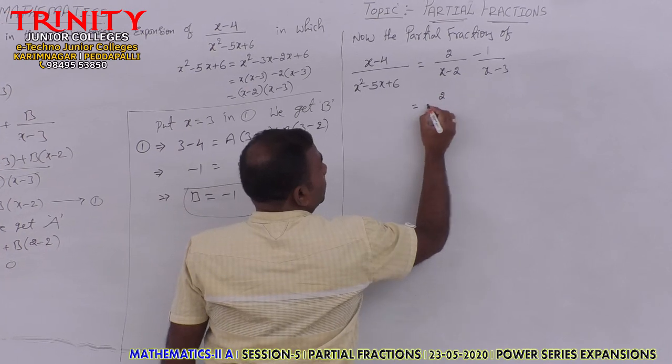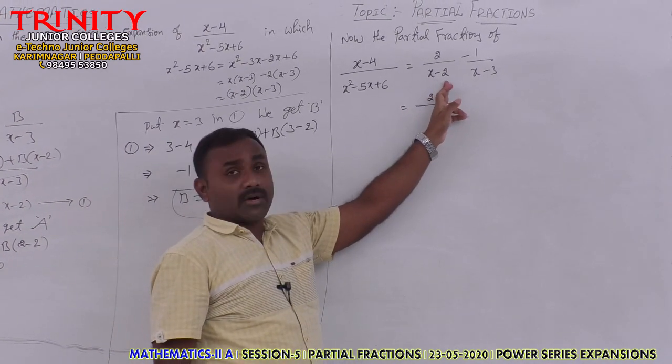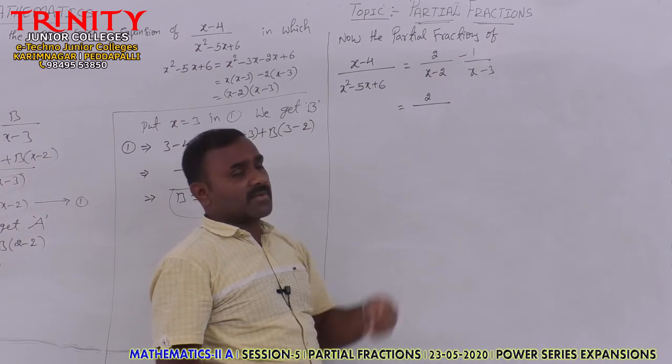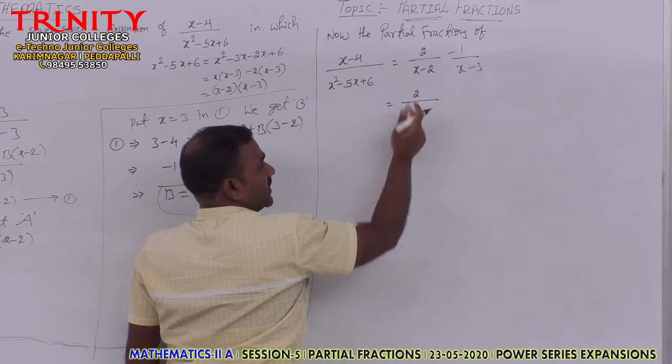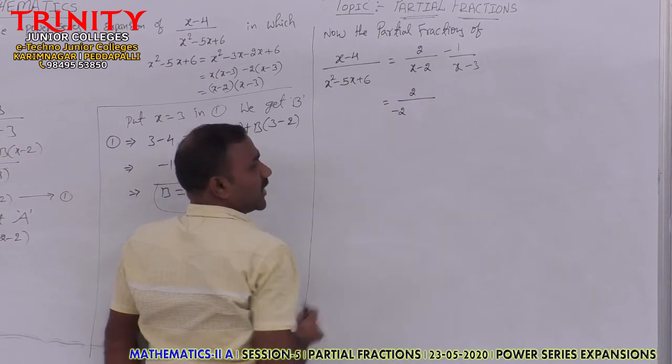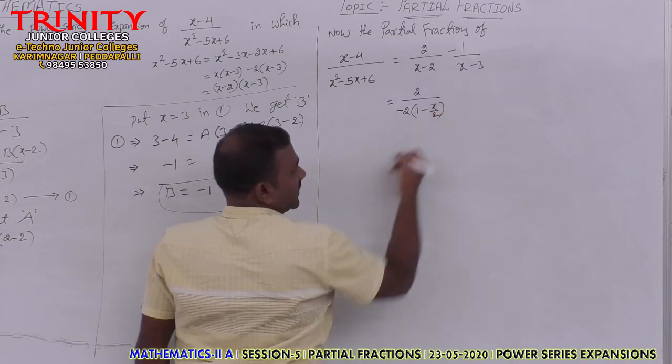2 by, to express into power series expansion, the expansion should be in the form of either 1 plus x or 1 minus x. To express this into 1 plus x or 1 minus x, we should take minus 2 as common, then it becomes 1 minus x by 2.